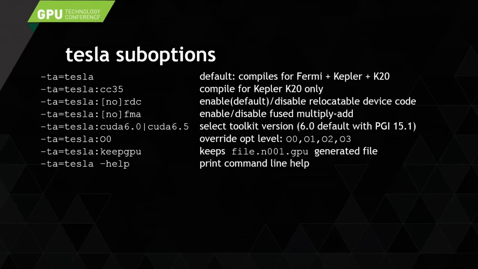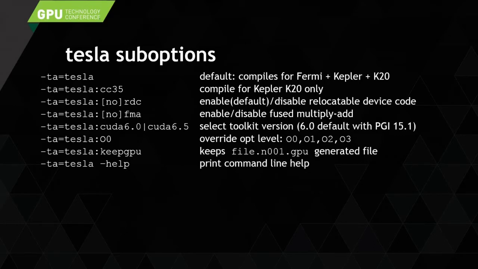So our compiler compiles for the Fermi and the Kepler and the K20, because you can do some extra things to generate specific code for the K20 versus the Kepler K10. Say you're compiling for just one particular system, and you know what it has, you can specify compute capability. 3.5 would be your Kepler K20.